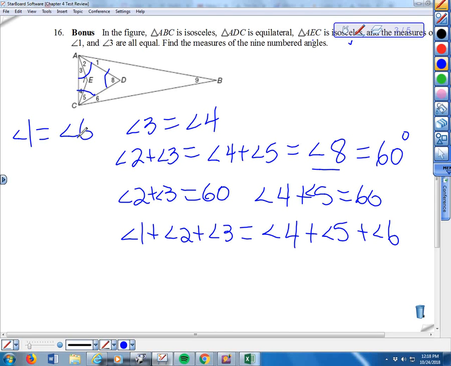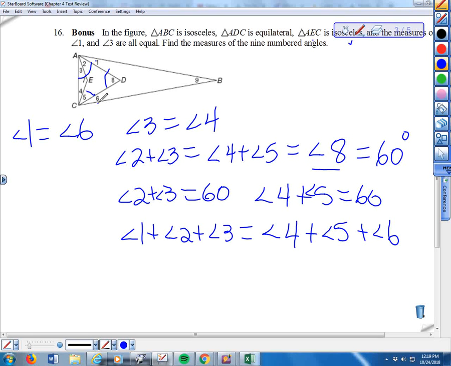There's got to be some substitution I can do now. What else do I know? Well, if 4 plus 5 is 60, so these are both 60. 1, 6, and 9 are what's left on the long triangle.